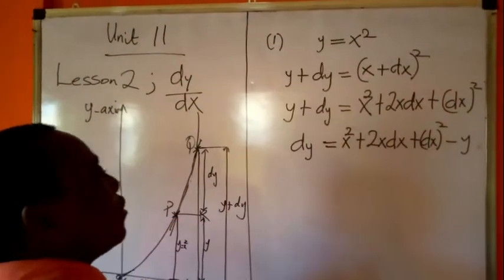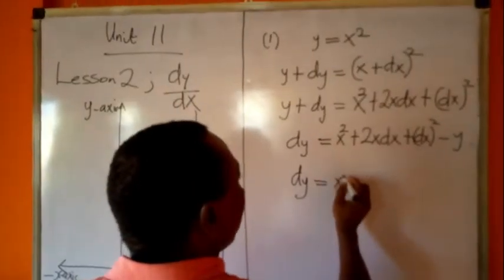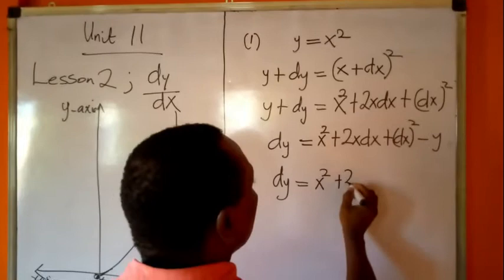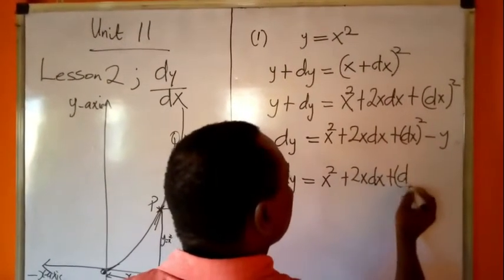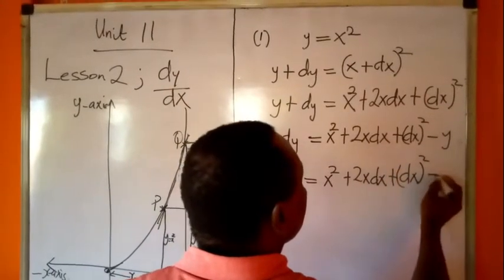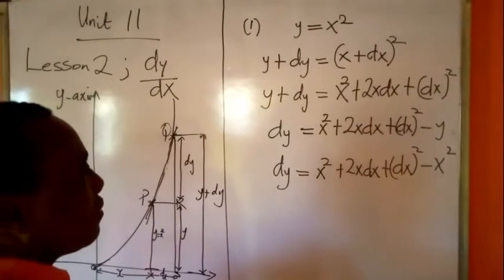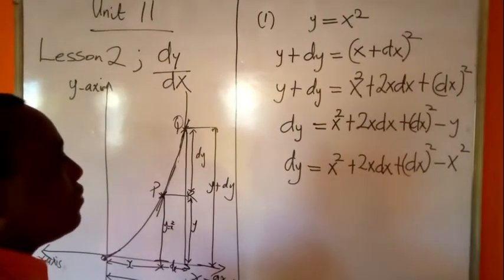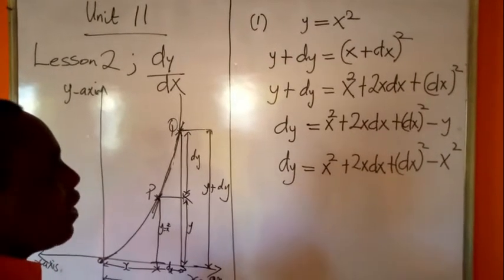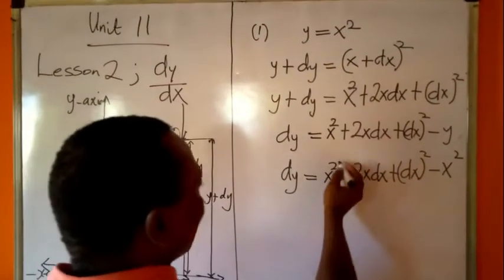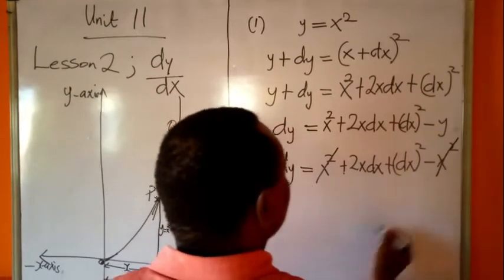Go back to your equation. You now discover that dy is equal to x squared plus 2x dx plus dx all squared minus x squared. So you now have an equation, and look at it properly if you can cancel out anything. You discover that x squared will die with minus x squared.